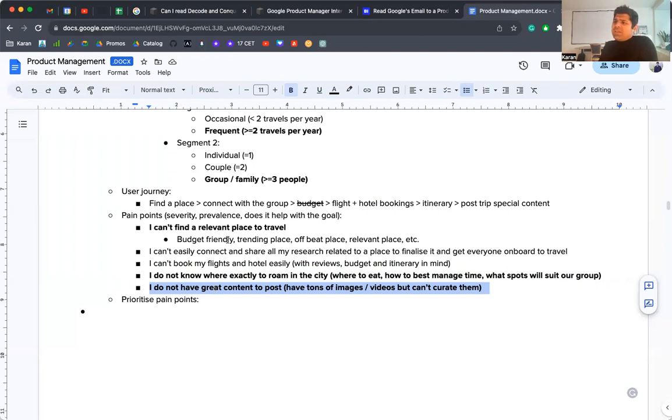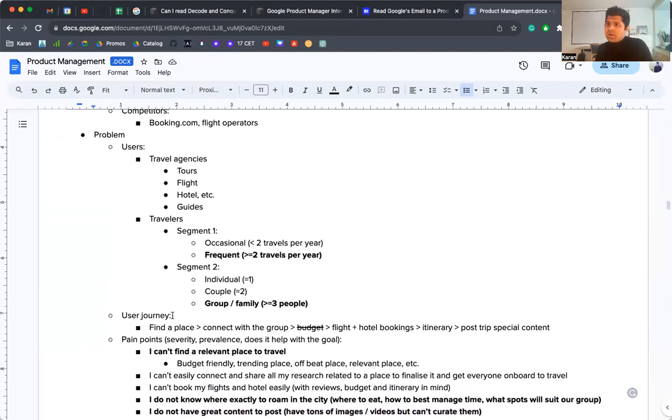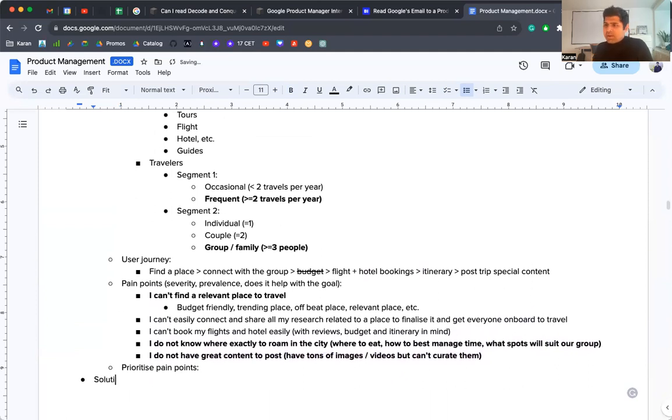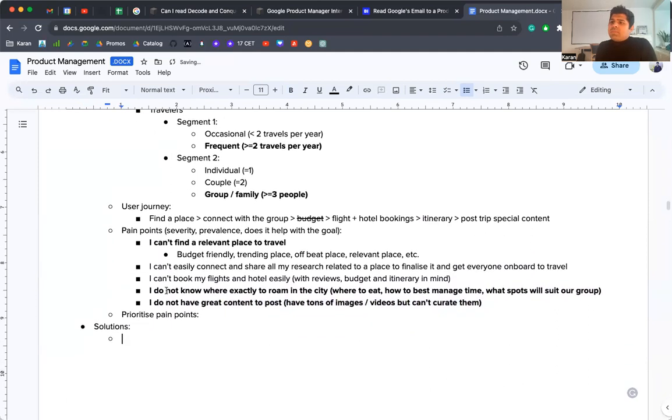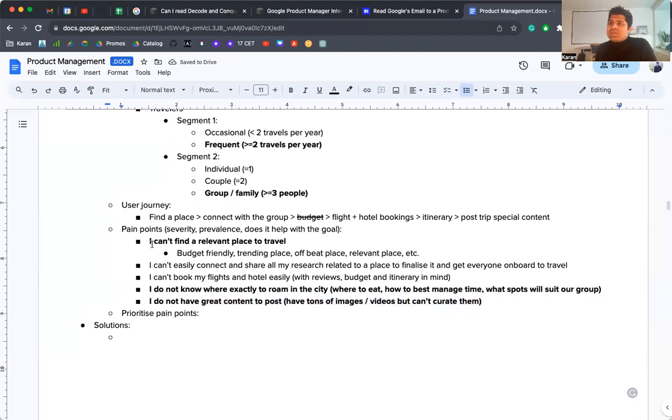Okay, so I think this is what I have in mind. Let's prioritize these three pain points, and then move forward into the solution space by designing solutions around these three pain points.